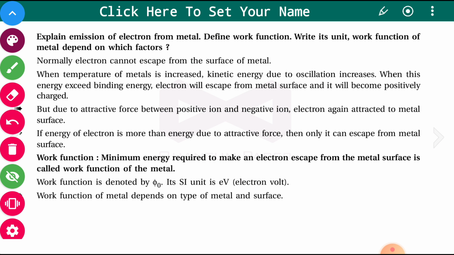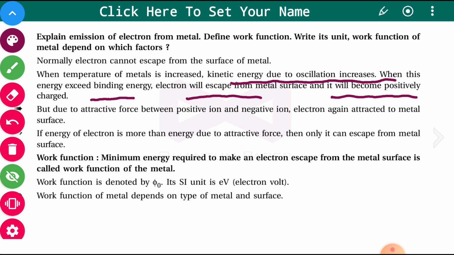When the temperature of the metal is increased, kinetic energy due to oscillation also increases. When this energy exceeds the binding energy, then the electron will escape from the metal surface and the metal will become positively charged as the electron is lost.